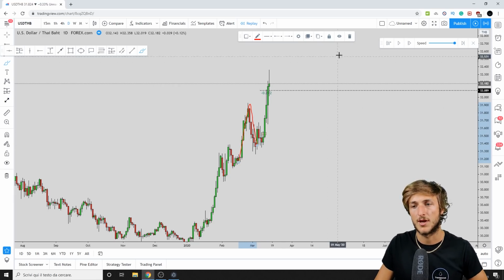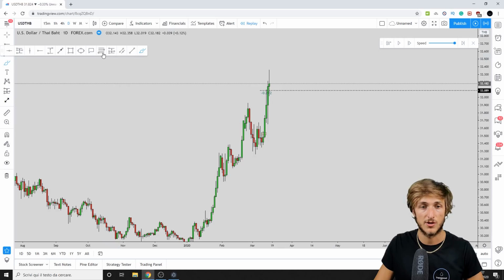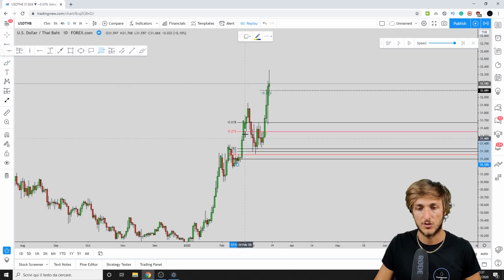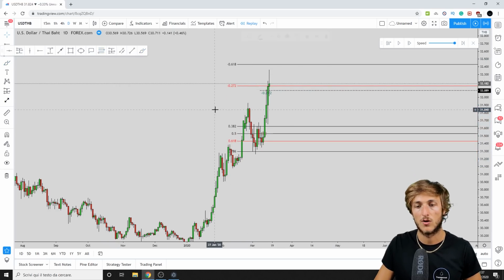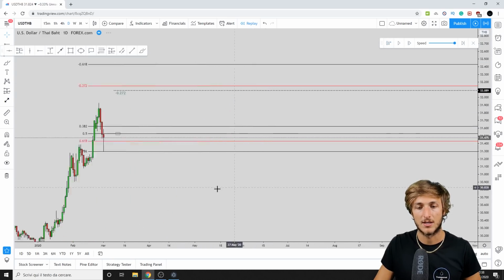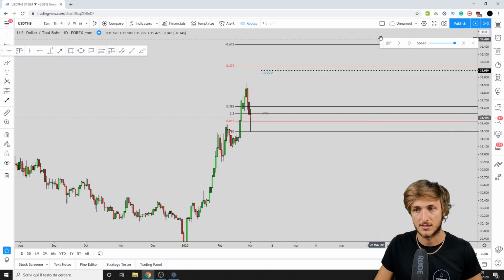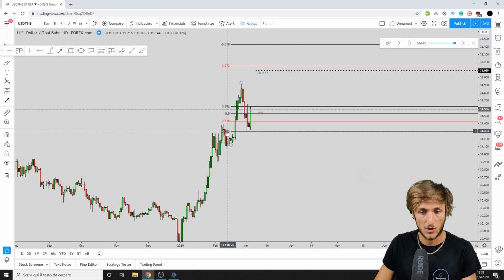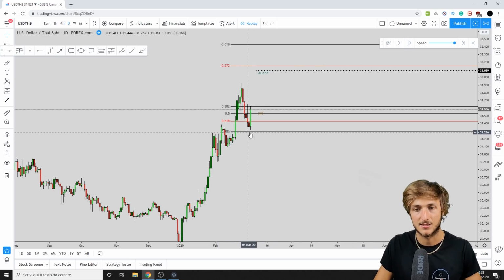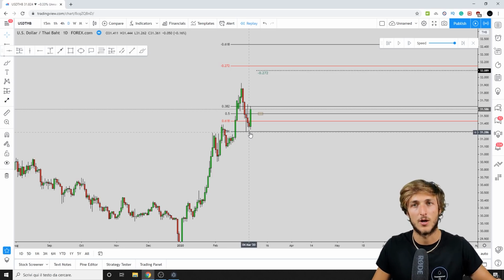How do we have to measure this retracement? We just saw it. We have to take our Fibonacci from the low to the high of the impulse. And what you can see is that the market went for a test of the 0.786 Fibonacci retracement, exactly as we have just seen in our example.